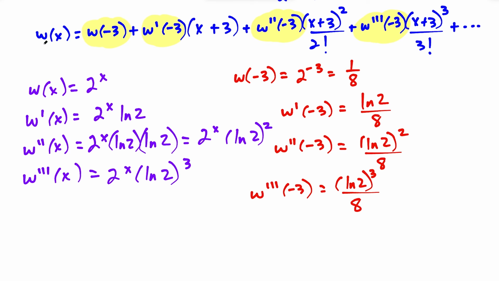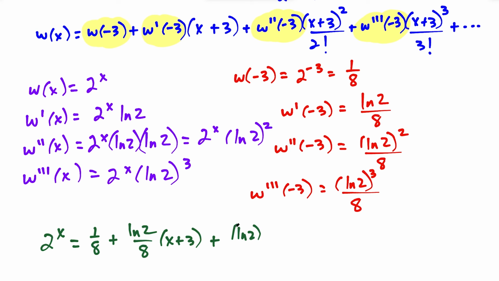So now let's plug everything in. We have w of x is equal to 2 to the x power, and this is equal to w of negative 3, which is 1/8, plus w prime at negative 3, which is natural log 2 over 8, and this is being multiplied by x plus 3. So we have x plus 3 here, and then next we have w double prime at negative 3, which is natural log of 2 in parentheses squared over 8, and this is being multiplied by x plus 3 to the second over 2 factorial.